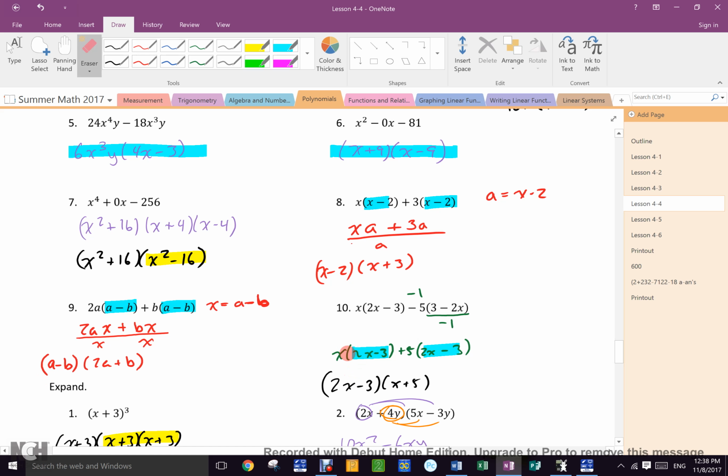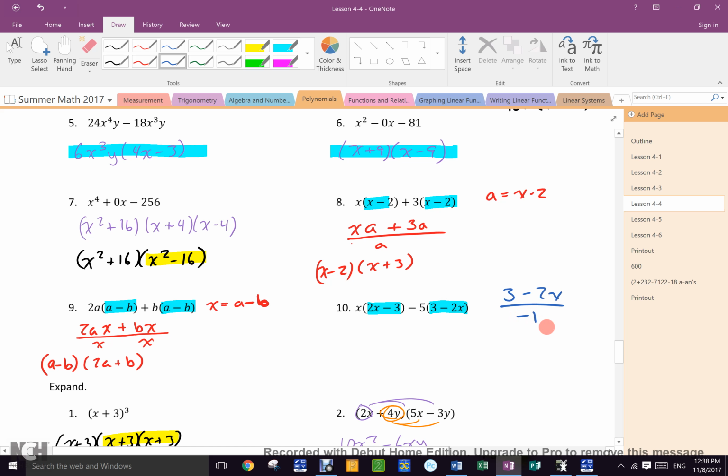Okay, now 10 is actually really tricky. So let's have a look at it. What do you notice about those two? They have the same numbers, but different signs, yeah? Okay. What would happen if I took 3 minus 2x and I divided it by -1?